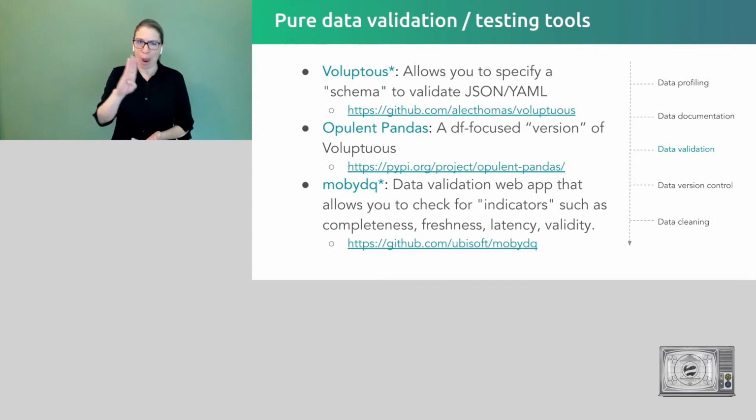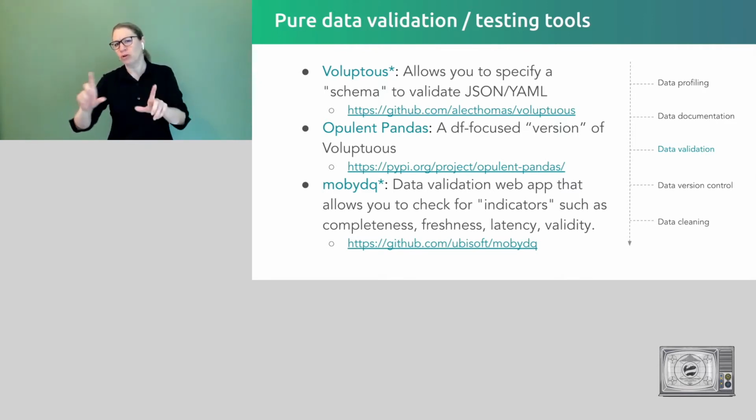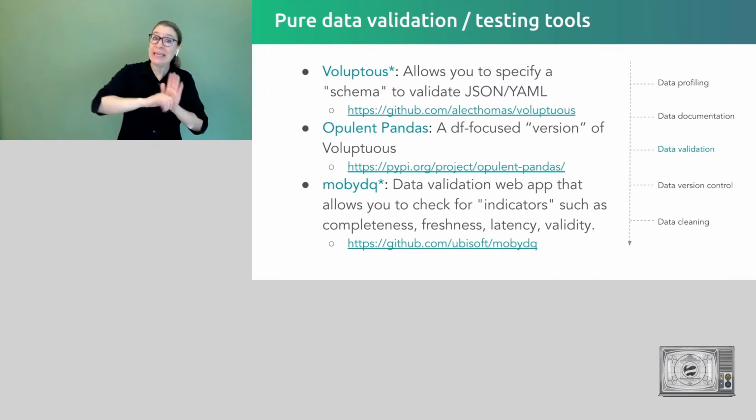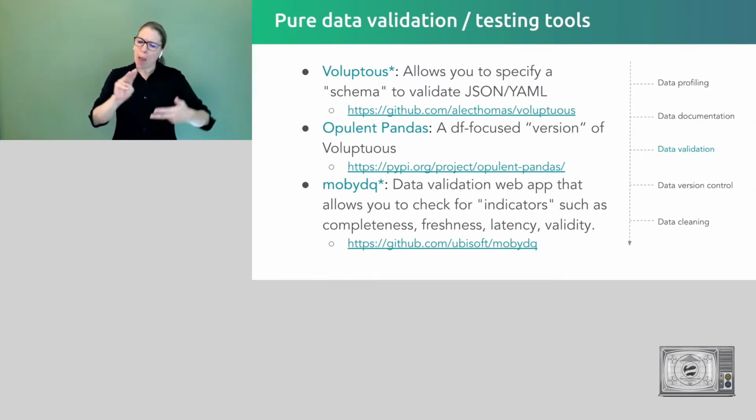So this really comes with a web app you can run and has a nice UI. I'm going to show some screenshots later. It allows you to check for key indicators of your data in terms of data quality, such as completeness, freshness, latency, and validity. So PyDQ is really fairly comprehensive and has a lot of different features.